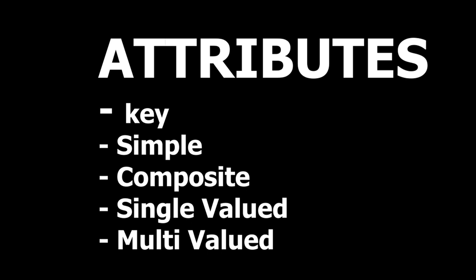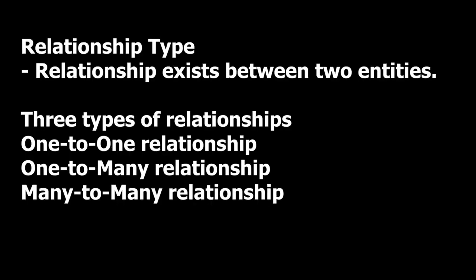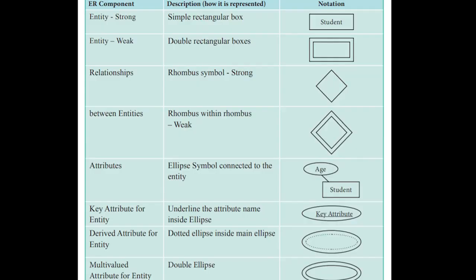Next, what all have we seen today? Relationship types: one-to-one, one-to-many, and many-to-many relationships. And we saw relationship instances, degree of relationship, and cardinality. In cardinality also we saw one-to-one, one-to-many and many-to-many. And at last we saw the ER diagram. Do you remember it? Strong entity is a simple rectangular box. Weak entity is a double rectangular box.